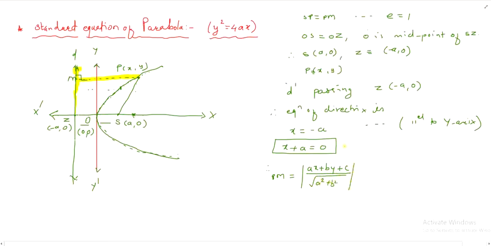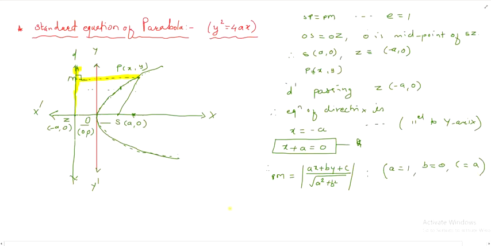If we compare this equation with Ax plus By plus C is equal to 0, we get the coefficient of x, that is A, is equal to 1, the coefficient of y, that is B, is 0 since there is no y, and C is equal to a.